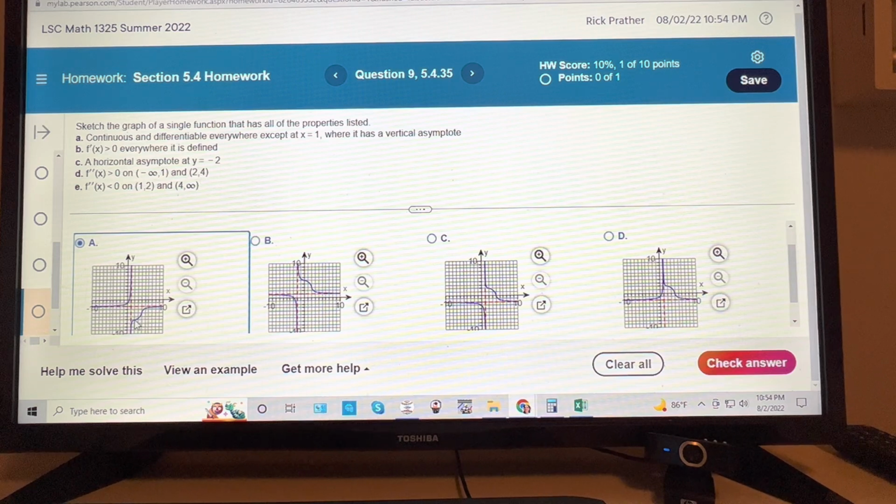So notice from 2 to 4, it's bent upward too. Then it's concave down between 1 and 2. Right there, it's bent downward, a downward curvature from 1 to 2. And then also from 4 to infinity, it's downward bent. So even though I knew the graph was A, after part A and part B, part C, D, and E all check out on that graph too.